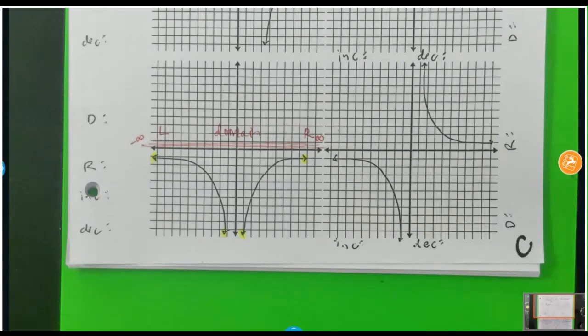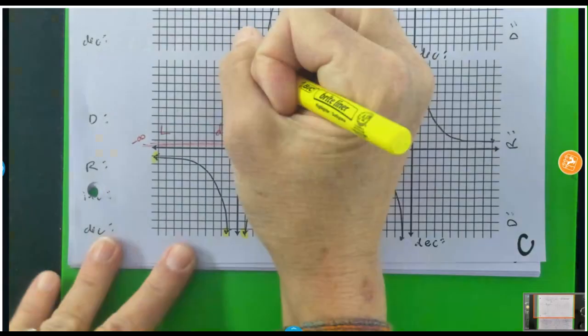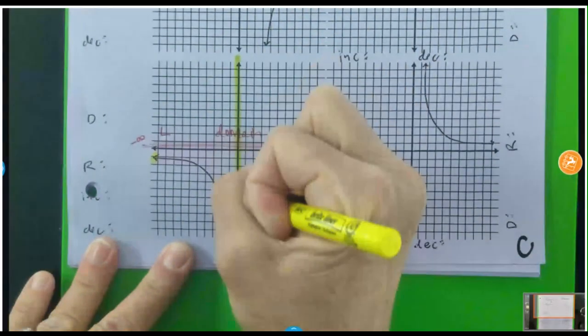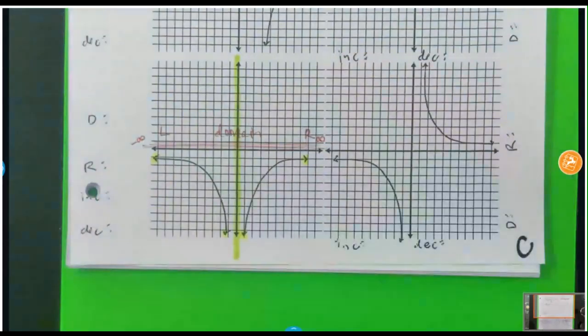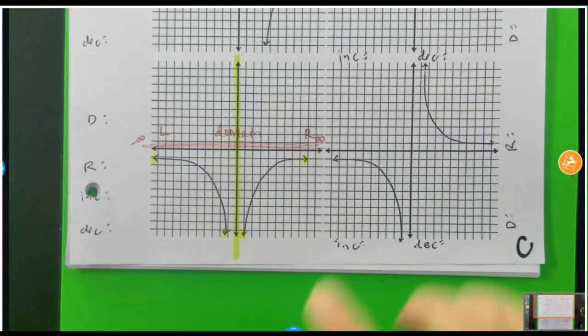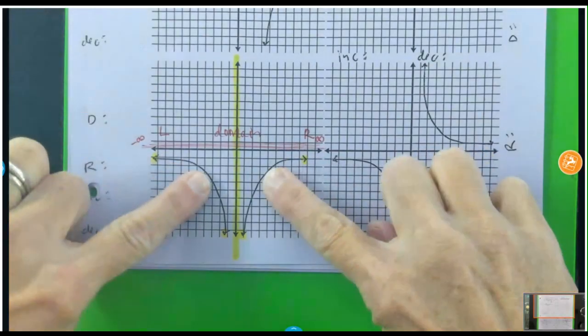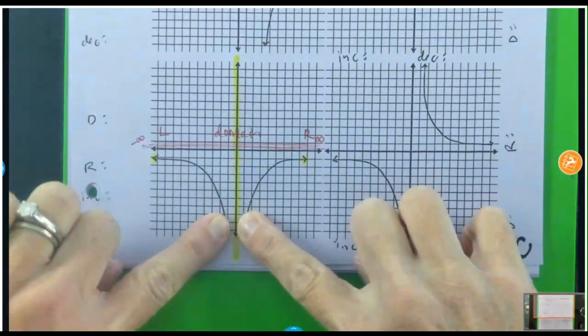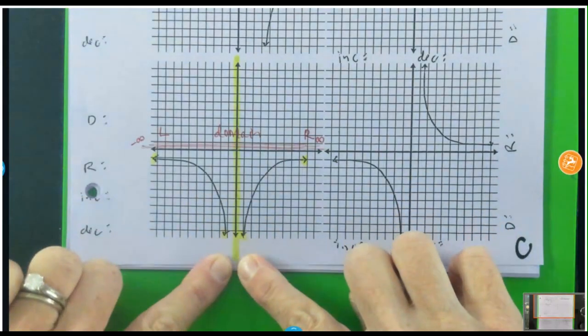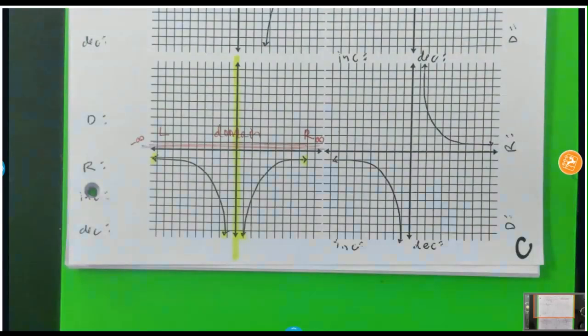It looks like it's going to come towards this line but never cross it. It looks like it's going to avoid that highlighted line. It looks like to me it's going to come close, close, close for all infinity and go down forever. But it looks like it's never going to cross the yellow line.